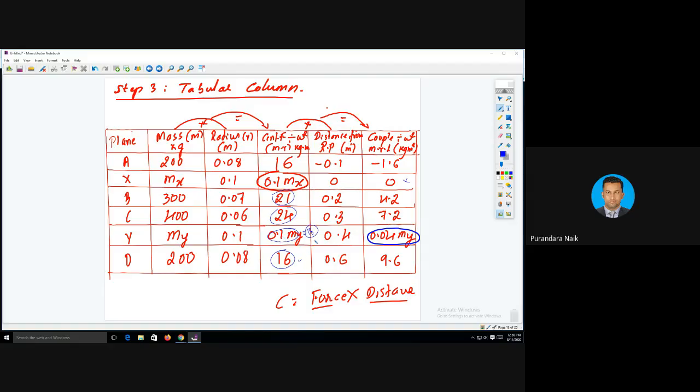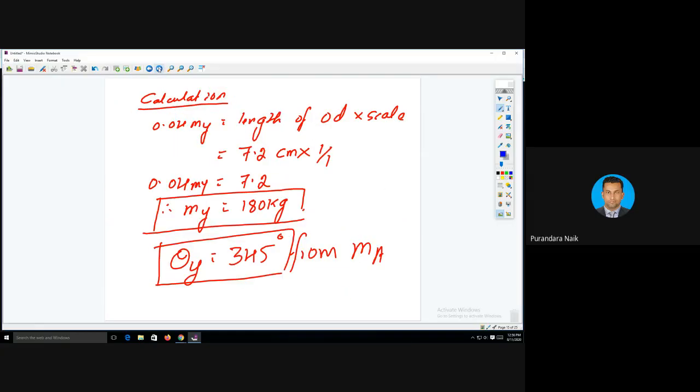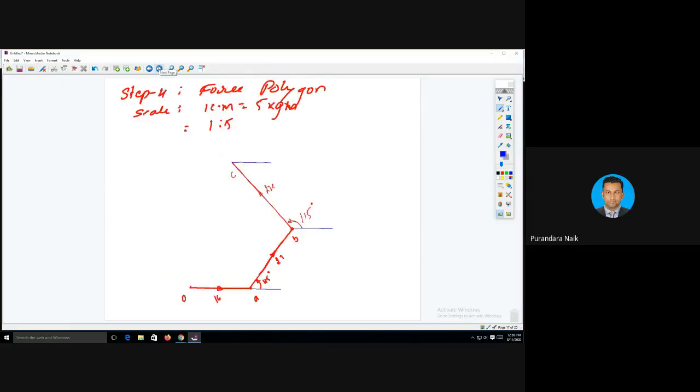Mass D is 16, but the angle is 235, because 70 plus 45 plus 120 is 235.